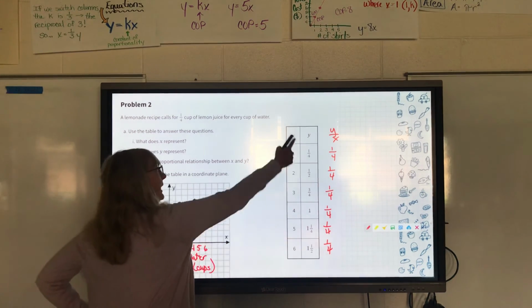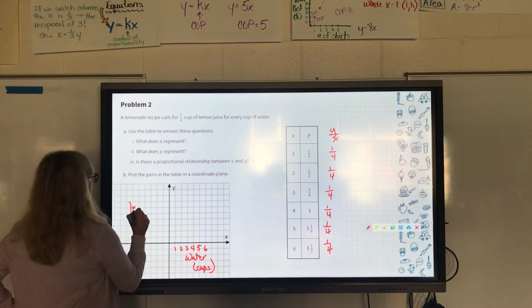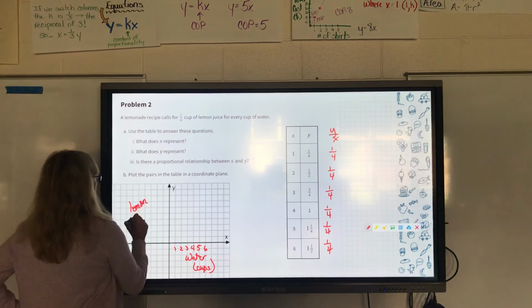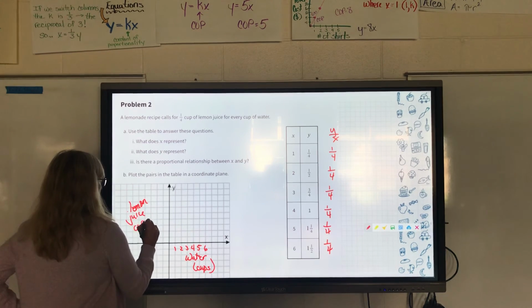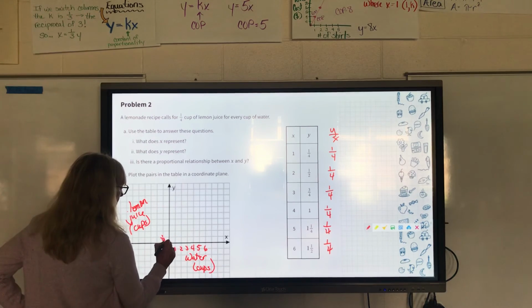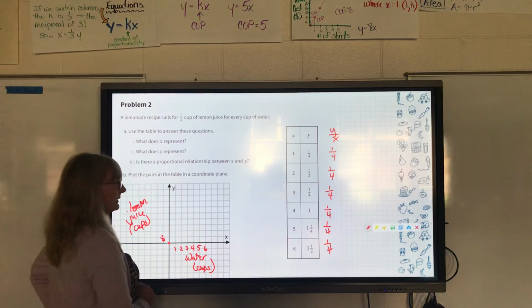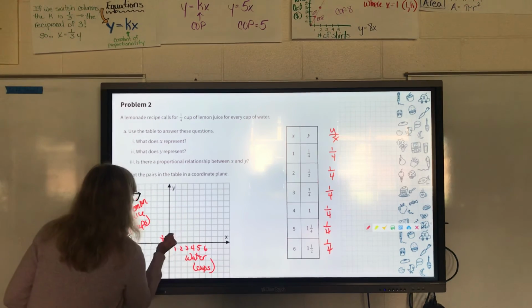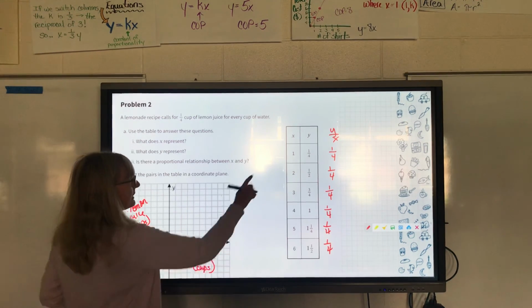And then our y-axis, you told me, was lemon juice in cups. And we're going to make each one of these 1/4. So I've got some room. Okay? And there's 0, 0. Except I don't want to graph 0, 0 because I'm not given 0, 0.